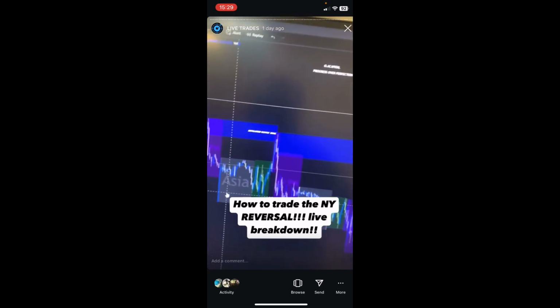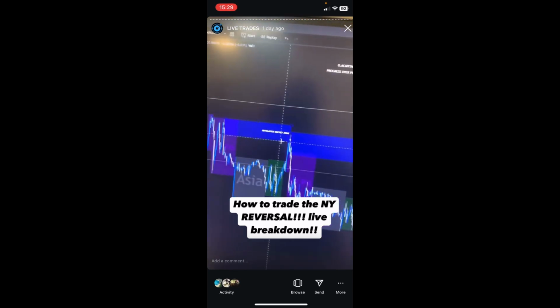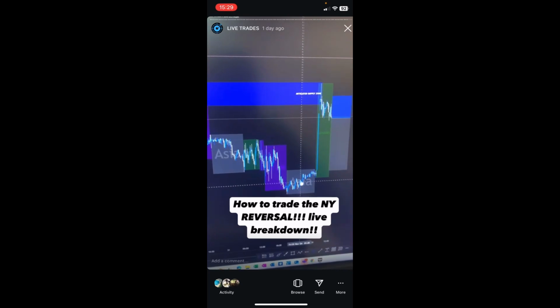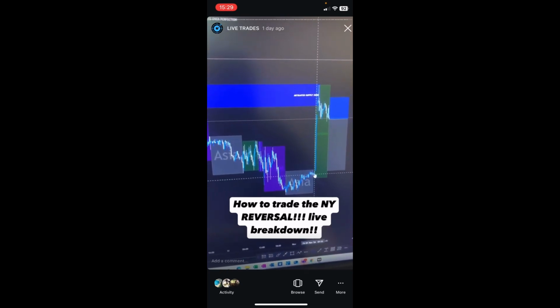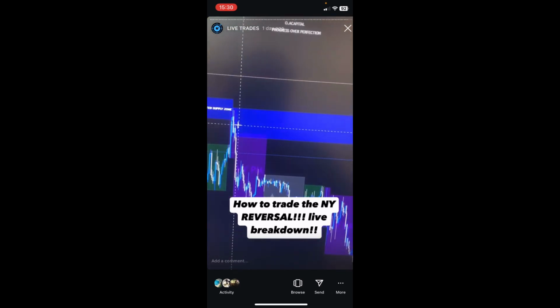I call this the NY reversal. You see Asian pushes up to the supply zone. You see continuation to the downside. Asian session starts to bring the price up. London session opens up and goes up to the supply zone here.